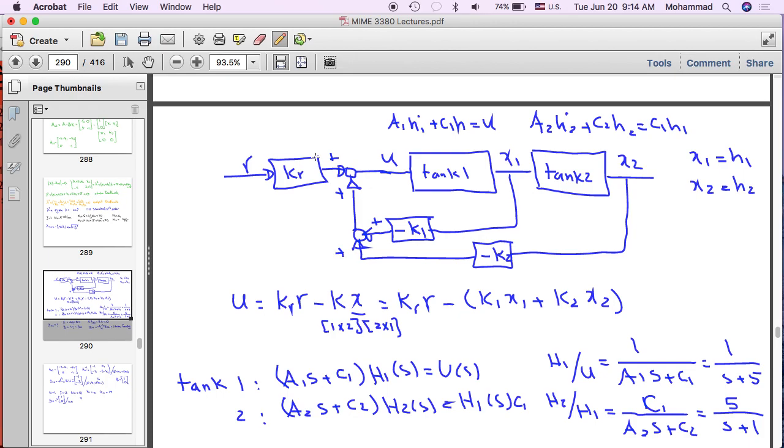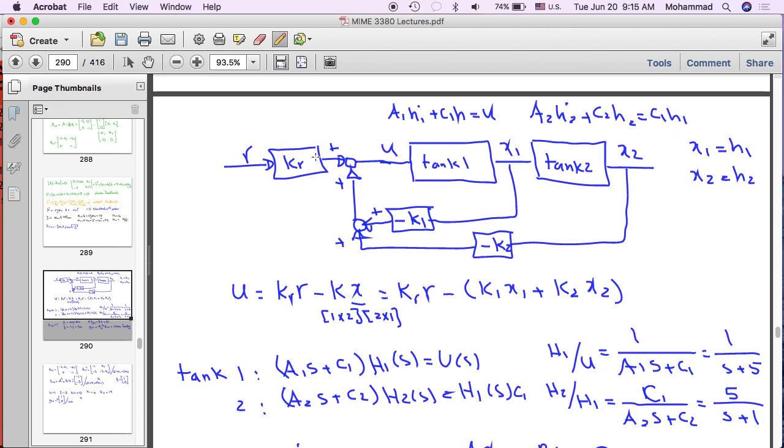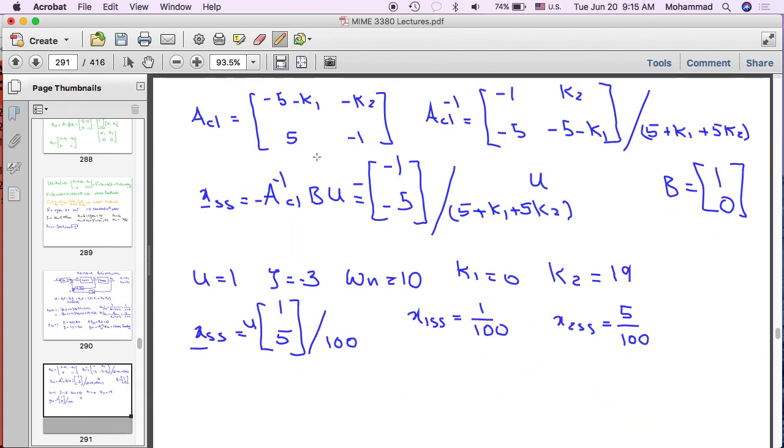The shape of the transient response changes, but the steady state response of x2, the output of the system, which we want to match R, doesn't match. We calculated the value of x2 steady state: x2 steady state is 5 divided by 5 plus k1 plus 5 times k2. It is not equal to 1.